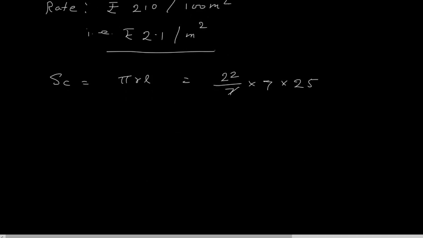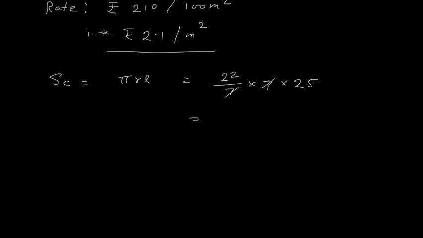So this 7 will cancel, easy to calculate. Then 25 into 22. So 25 into 2 is 50. So I can write this as 11 into 50 also. 11 5s are 55. So this is 550.